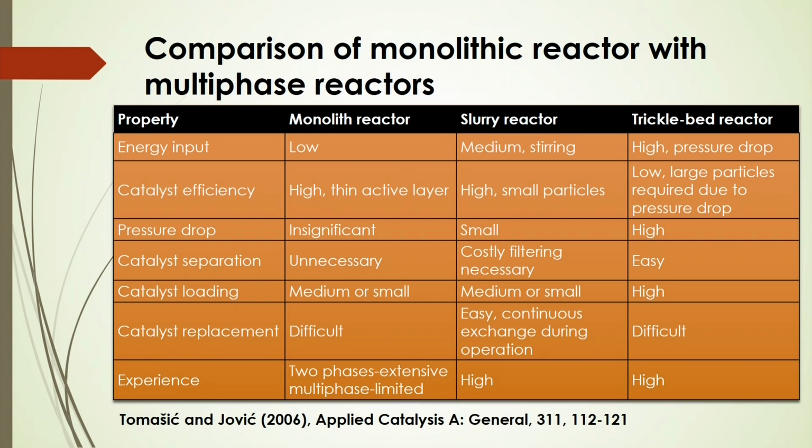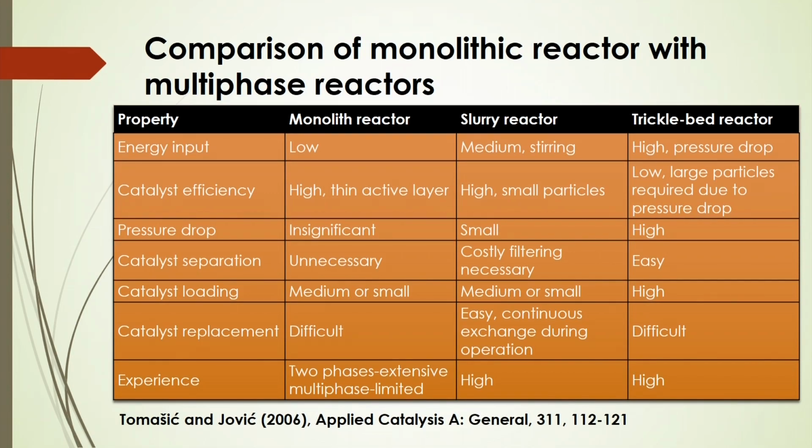If we consider energy input, in that case monolithic reactors require low energy, whereas slurry reactors require medium energy for the stirring generally, and for trickle bed reactors high energy is required because the frictional pressure drop is high. And in terms of catalyst efficiency, the monolithic reactor will be high, because a thin active layer will be there.